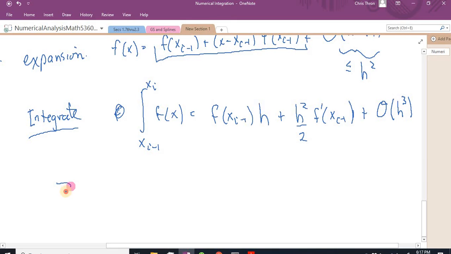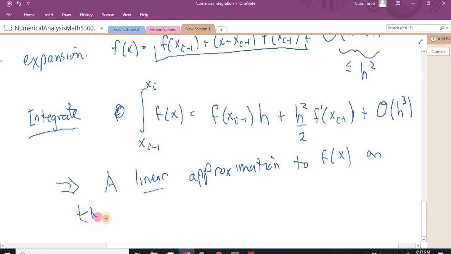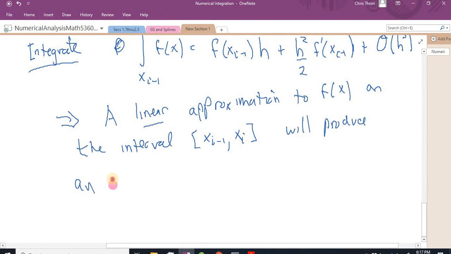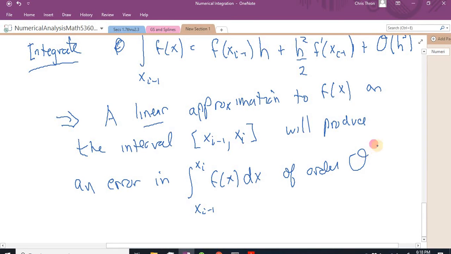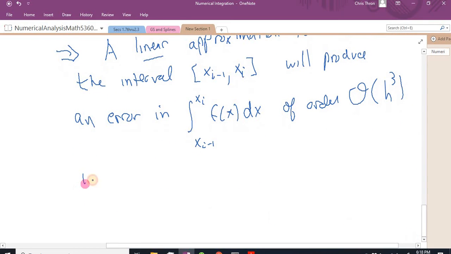So the important conclusion here is that a linear approximation to f of x on the interval xi minus 1, xi will produce an error in the integral of order O of h cubed, where h is equal to the step size, and that's equal to xi minus xi minus 1.